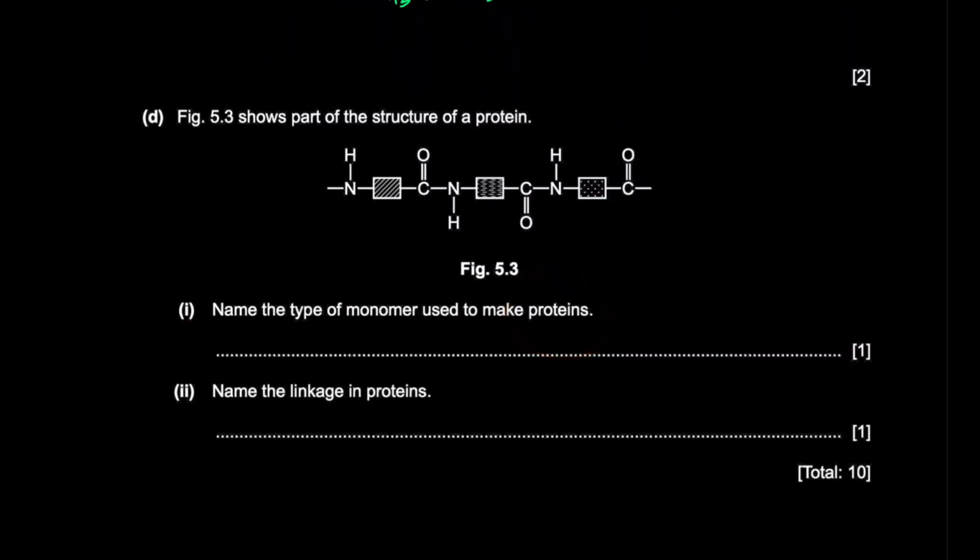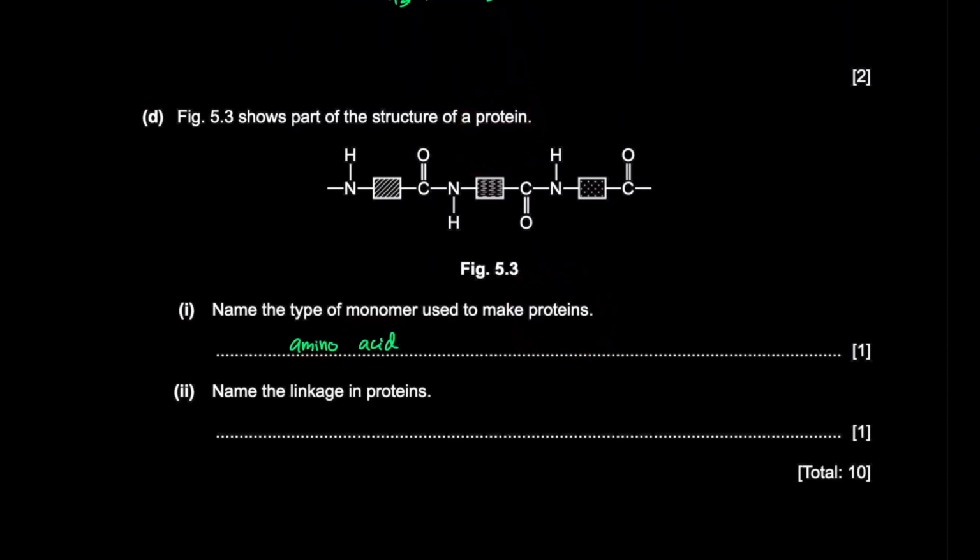Amino. Yes. Monomer is the compound that we use to build it. A protein is a polymer made from amino acids, which are the monomers, right? Amino acids are the starting molecules. Okay, so the type of monomer is amino acids.